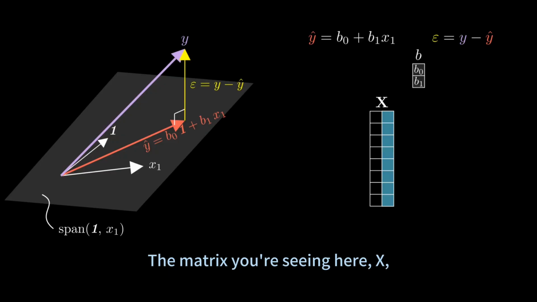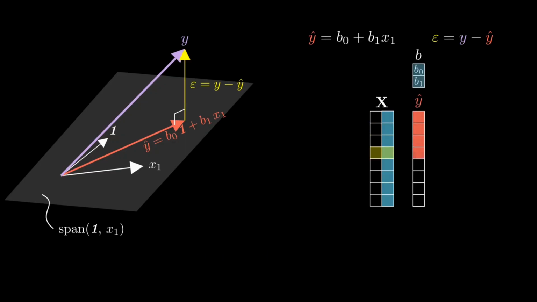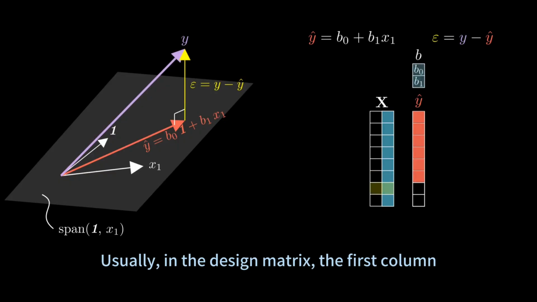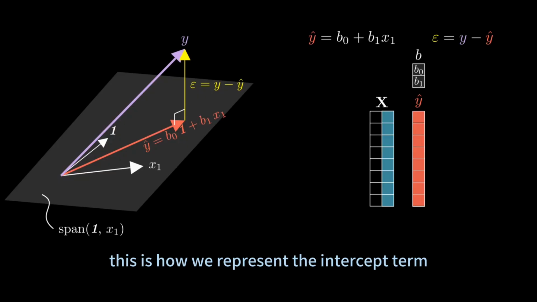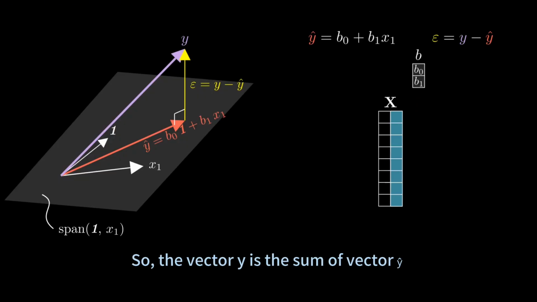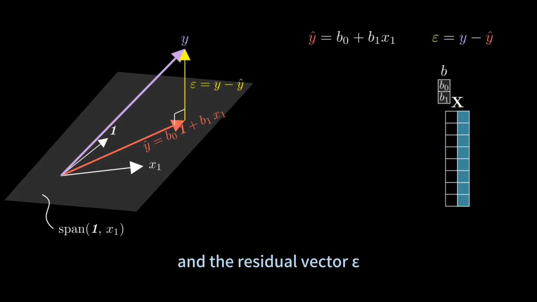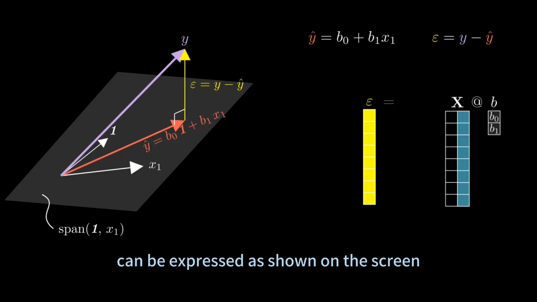The matrix you're seeing here, X, is what we call the design matrix. Usually in the design matrix, the first column is just the all ones column vector. This is how we represent the intercept term. So the vector y is the sum of vector y hat and the residual vector epsilon, which means the residual vector epsilon can be expressed as shown on the screen.